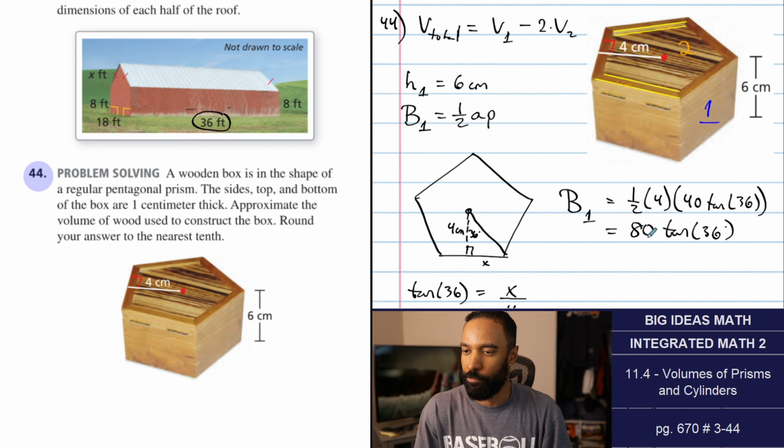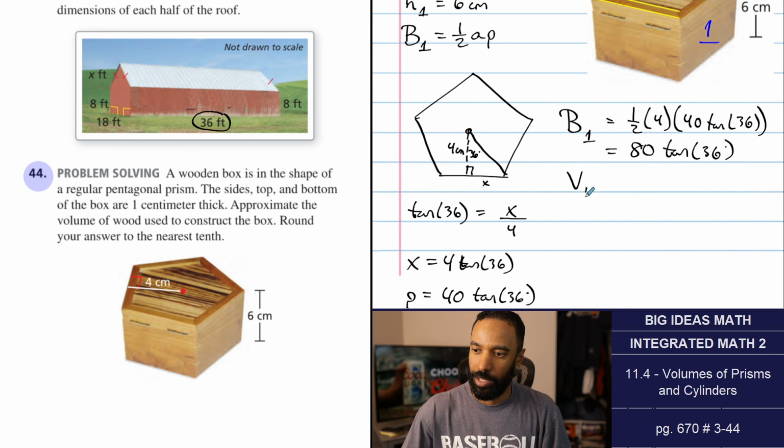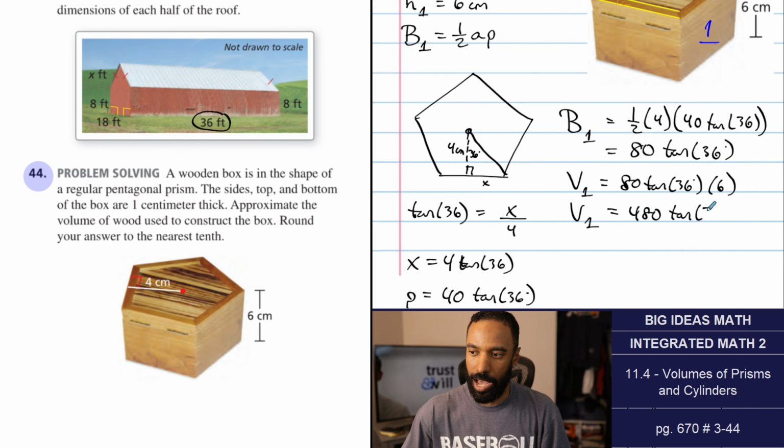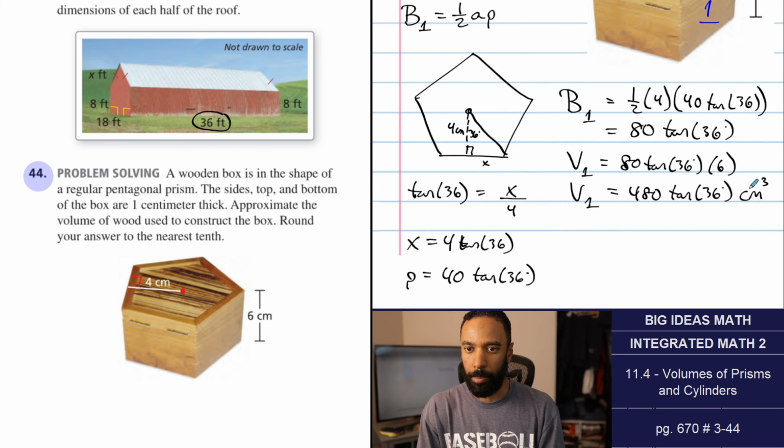As far as a full volume of object 1, we're going to be doing area of base times height. And the height is 6. So 6 doesn't multiply by 36, it multiplies with 80. So volume of object 1 is 480 times tangent of 36 cubic centimeters. I believe that all panned out properly for that.